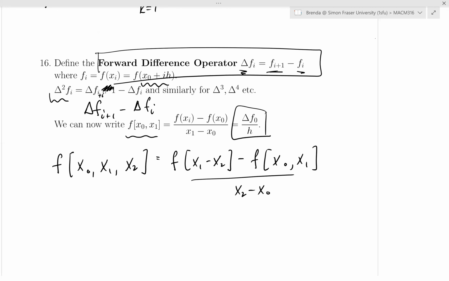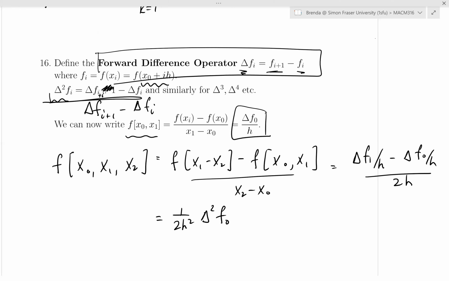Okay, we've already had that from before. Now we can write this as delta F_1 over h minus delta F naught over h, divided by 2h, and then you'll note that that can be simplified a little bit, like 1 over 2h squared, delta squared F naught. Okay, that's this coming in right here.